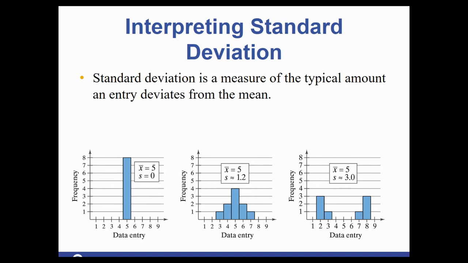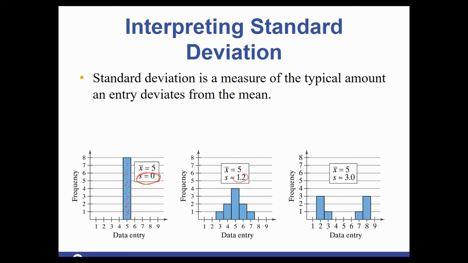Now, just to give you a visual again with standard deviation, the larger your range, the larger your standard deviation. So just side by side, here's a couple of visuals. If you have a standard deviation of 0, there's no spread. That means all of your data is the exact same number. Doesn't happen very often.